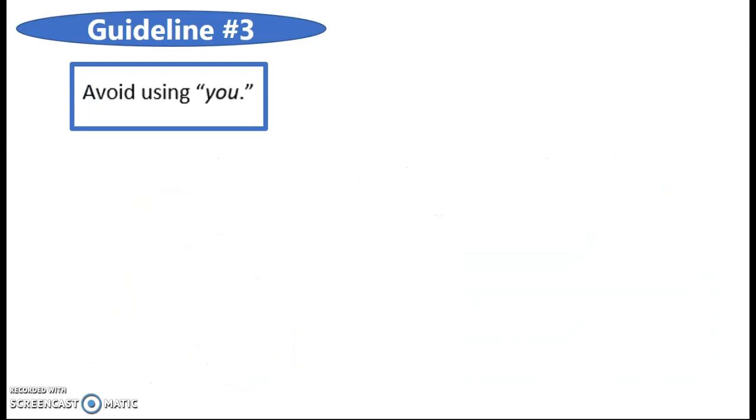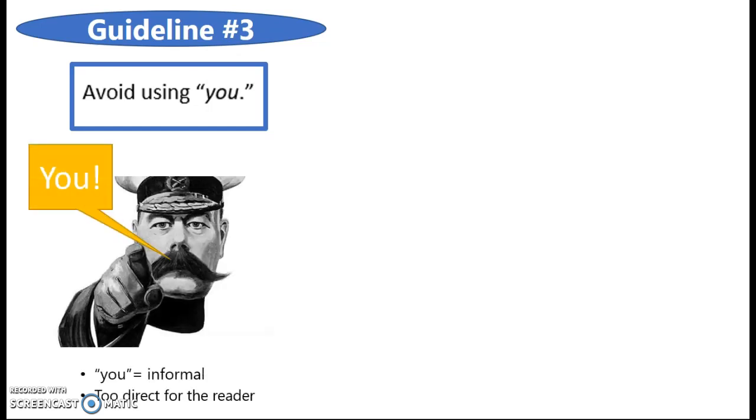Another guideline is to avoid using you completely. Even words like we or us gets a little more informal and almost too direct for the reader, especially if you are actually referring to the reader himself or herself.